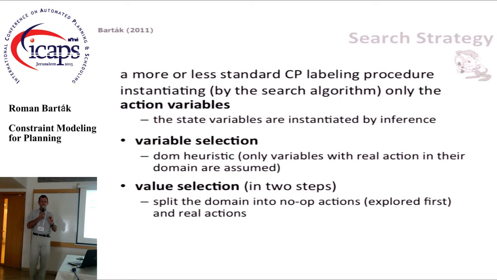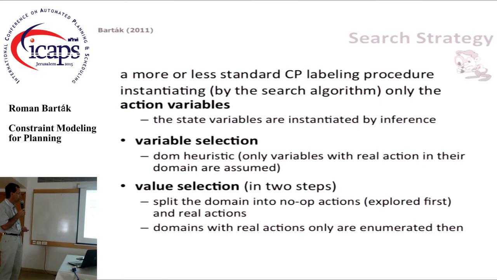So it was not always assignment. And for the real actions, we explored them as the alternative, but using labeling. So we assigned the real actions one by one, right? So it was like a mix of domain splitting and labeling enumeration of this variable, and it was working quite well. Of course, only variables whose domain contains real actions will be enumerated.